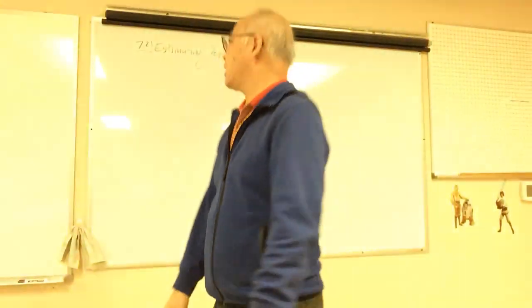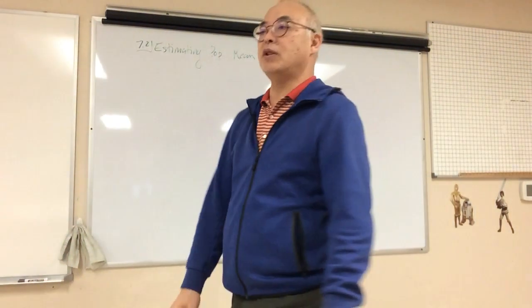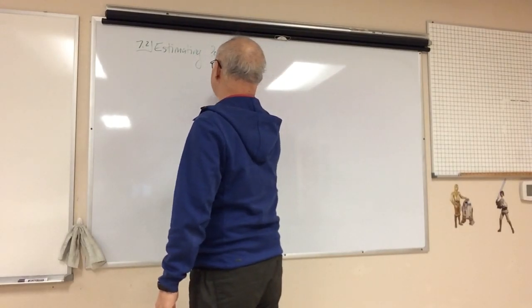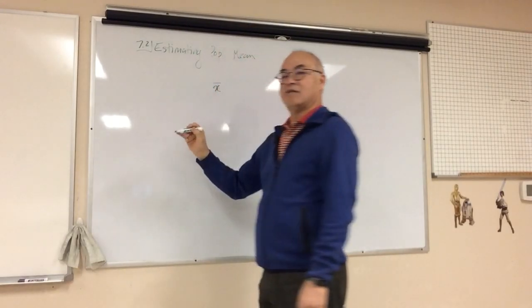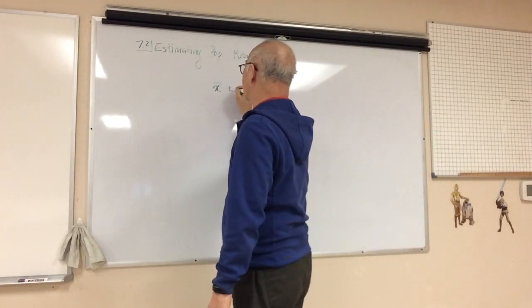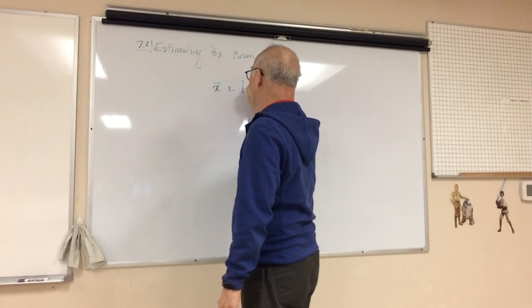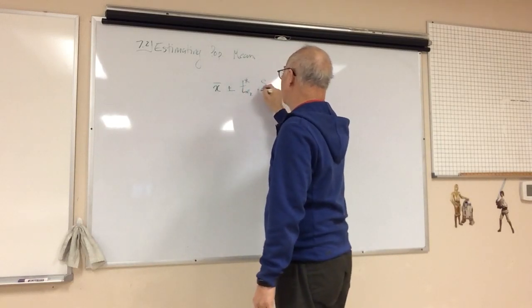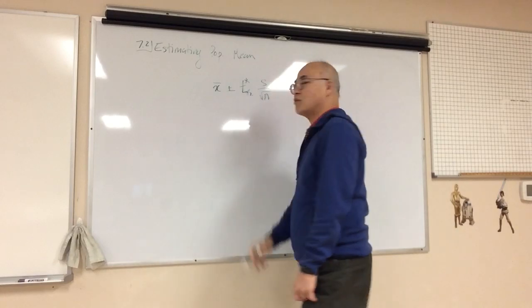Okay, so estimating a population mean. What did we learn? We learned that we are going to use the sample mean plus or minus the t critical value. And this is what we found, correct?